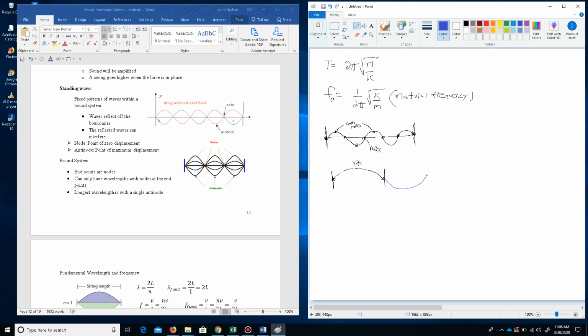That's not part of this. So we can have 1/2 wavelength. We can also have a full wavelength. And then we can have 1 and 1/2 wavelengths. And then we could have 2 wavelengths. And so on.